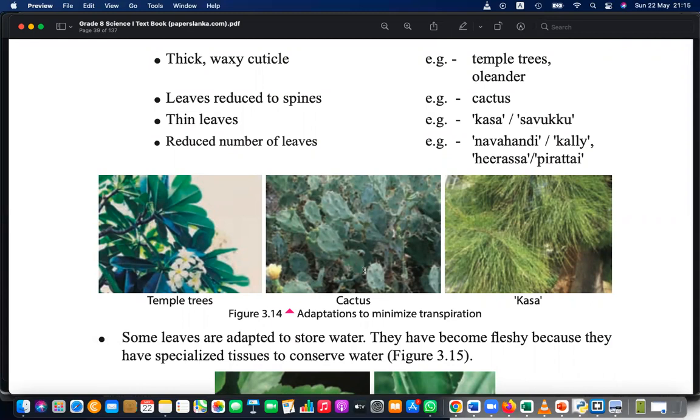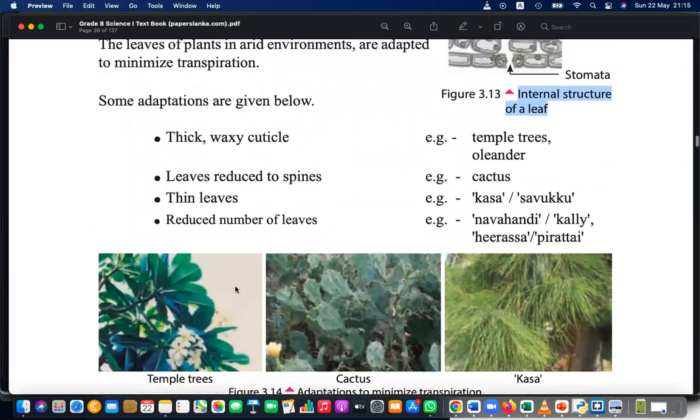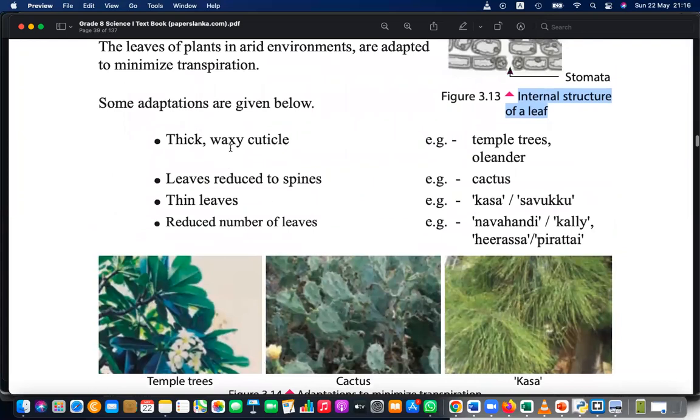If a plant is in some dry environment, these plants are adapted to minimize it, and the shape of the leaf will be different. Some have a thick and waxy skin, right?